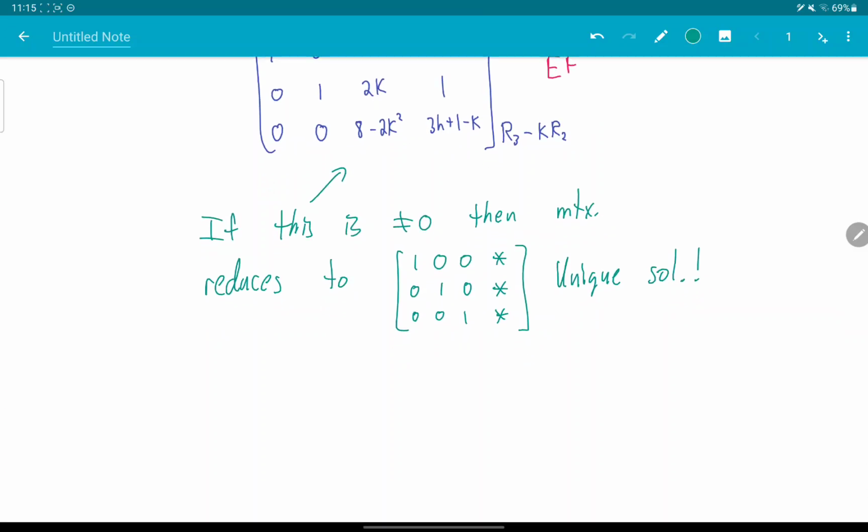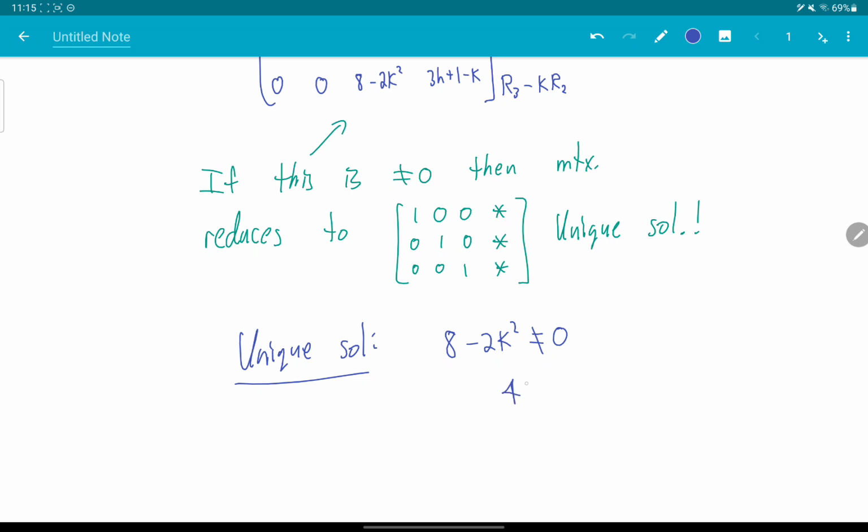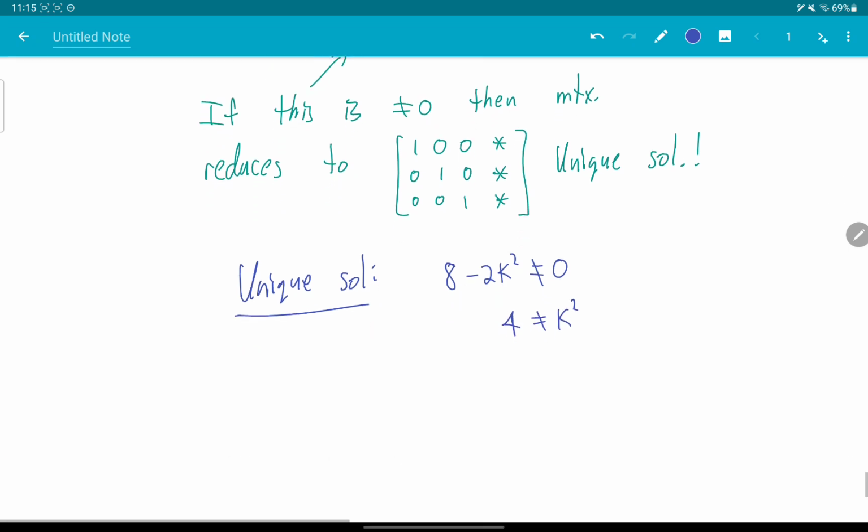Okay, so what have we learned? So for unique solution, 8 minus 2k squared is not equal to 0. So that means that 4 is not equal to k squared if I solve that. So k is not equal to plus or minus 2.